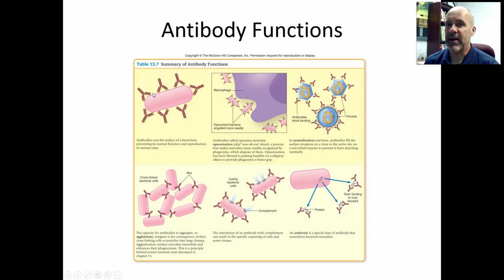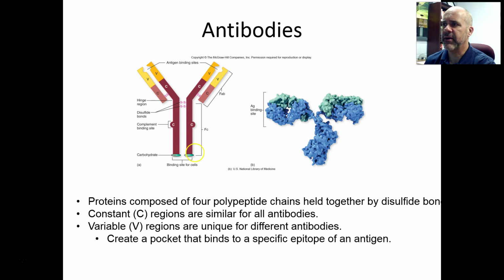Remember how we said when we talked about complement at the end of chapter 12, that C3b complement protein can opsonize certain types of microorganisms, which means they coat the surface. And this is called antibody opsonization, or coating of a microorganism as well. We just mentioned over here that the stem portions of antibodies have binding sites for cells.